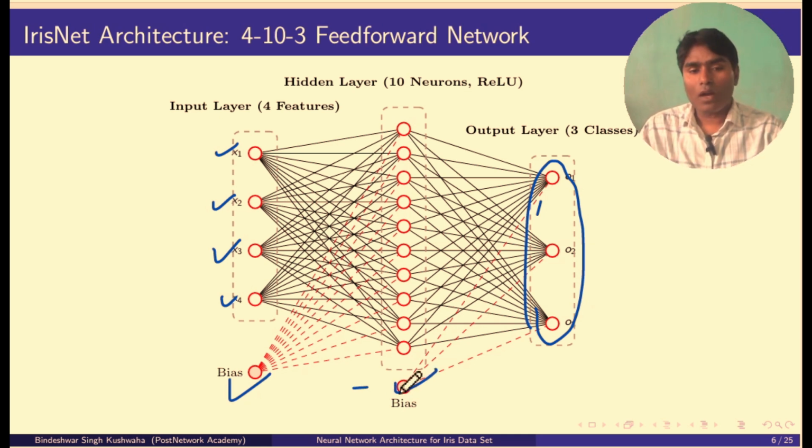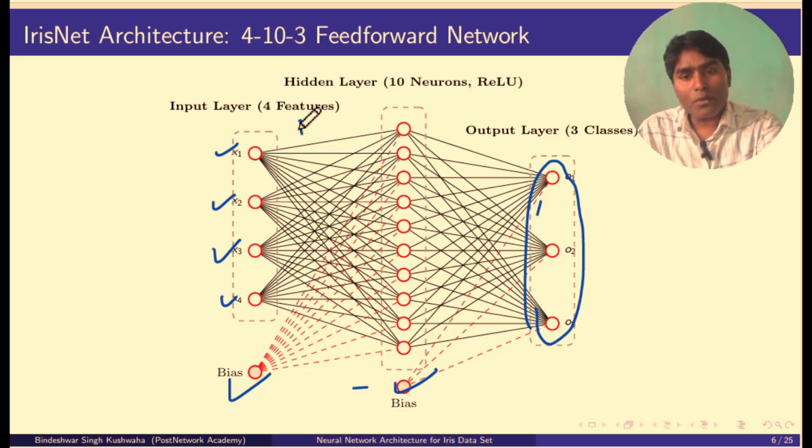I want to explain what a neural network actually learns. So here we will have a 10 cross 4 weight matrix, and we will see that from the output. Here 10 is the rows and 4 is the columns.